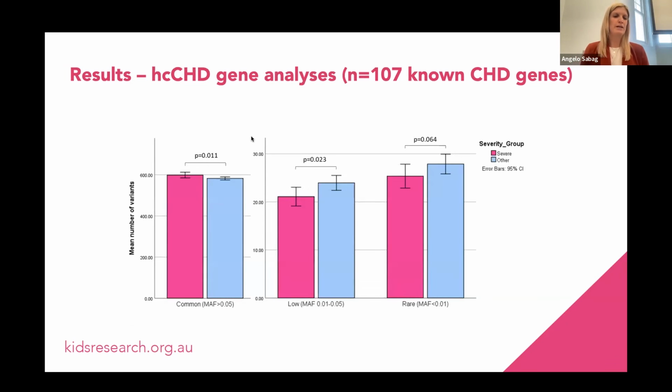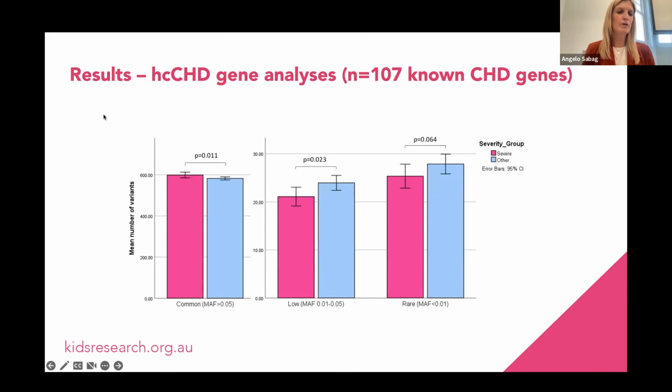So when we performed our analysis, limiting it to the high confidence congenital heart disease genes, which, just to remind you, are those 107 genes that cause congenital heart disease at the time that we were aware of, you'll notice that there was a significant increase in common variants. Common variants are those with a minor allele frequency greater than 0.05.